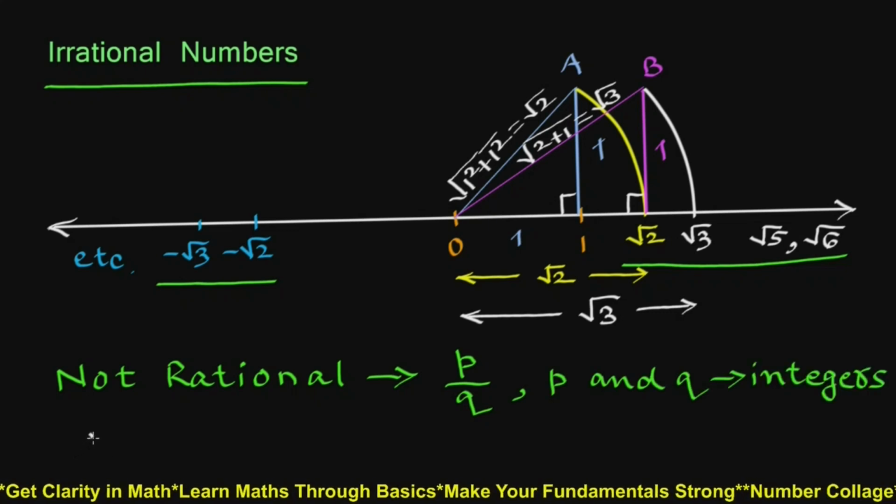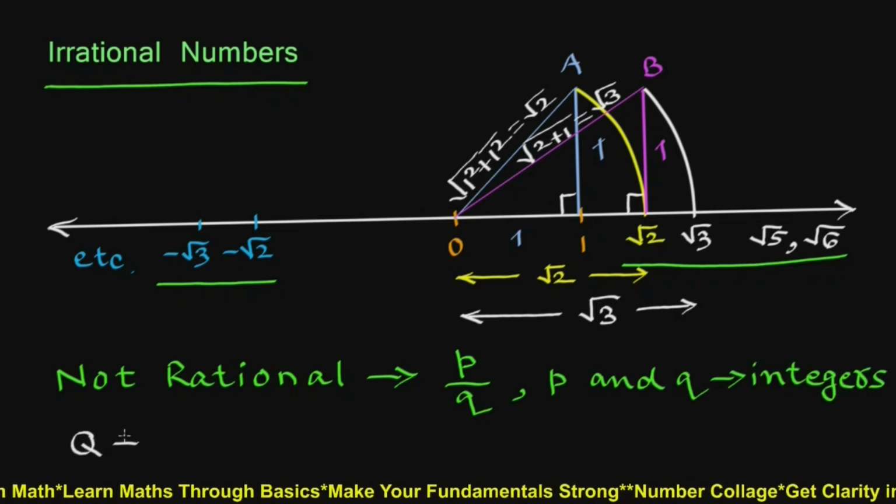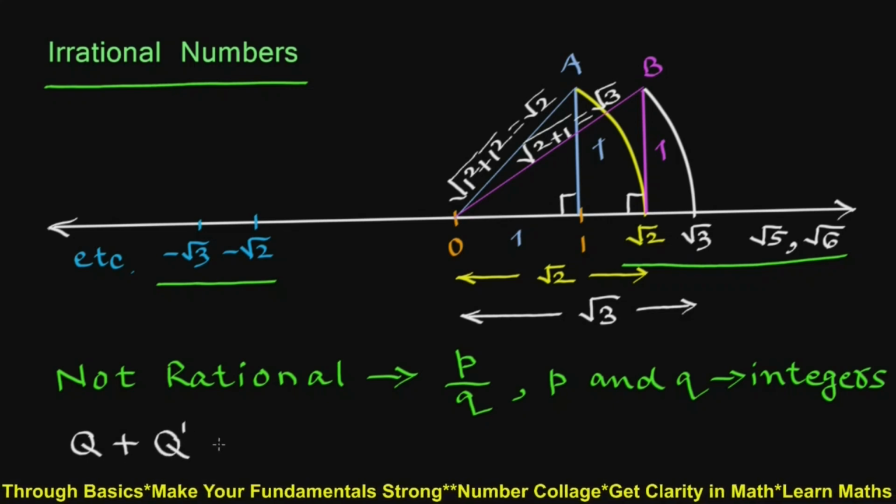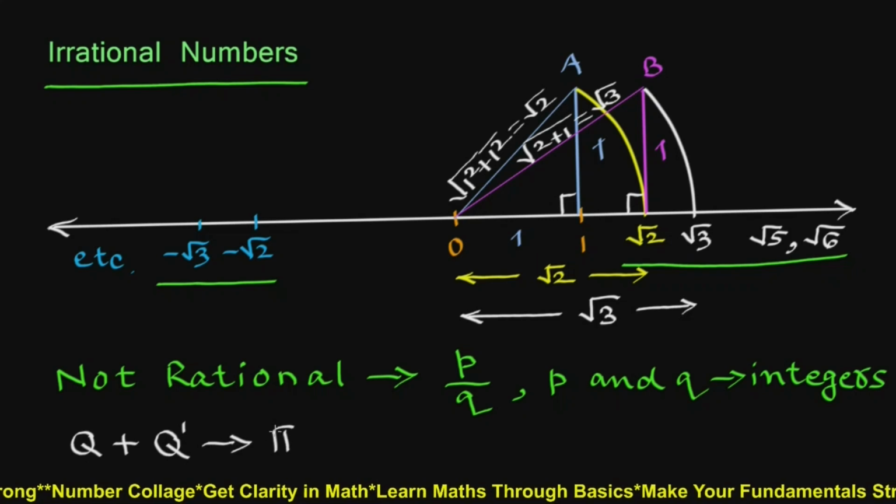So set of rational numbers Q and set of irrational numbers, say Q dash, together make set of real numbers R.